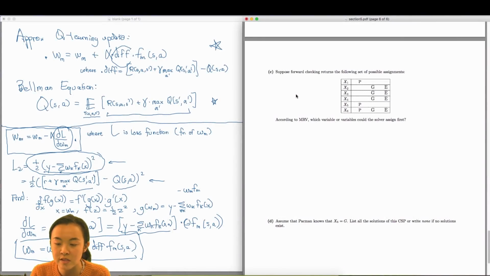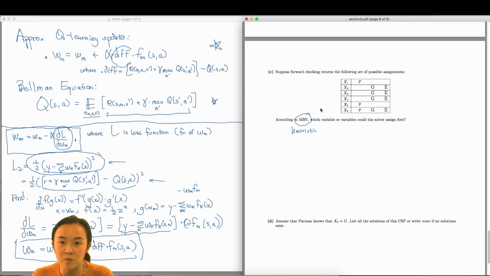Okay, so now 3c. So we suppose that forward checking returns this set of assignments, and we want to choose the next variable to try assigning values to using the heuristic called minimum remaining value. So minimum remaining value just says that we should choose the variable which has the smallest remaining domain next in our search.